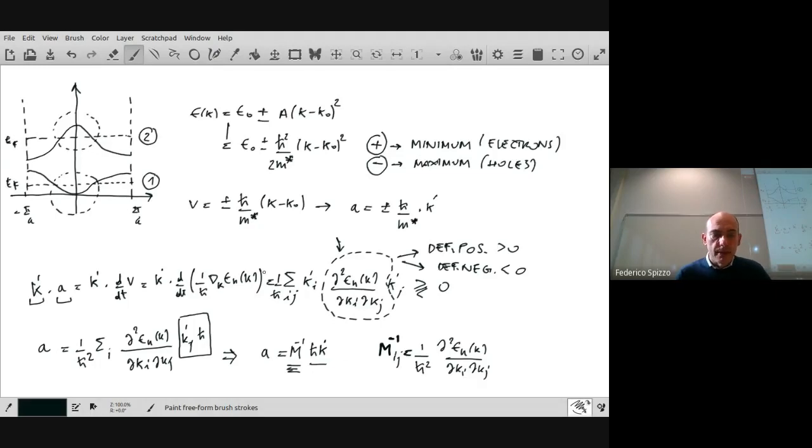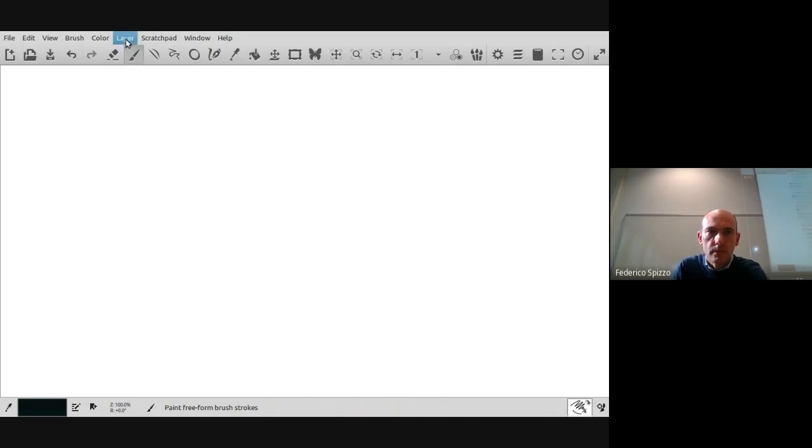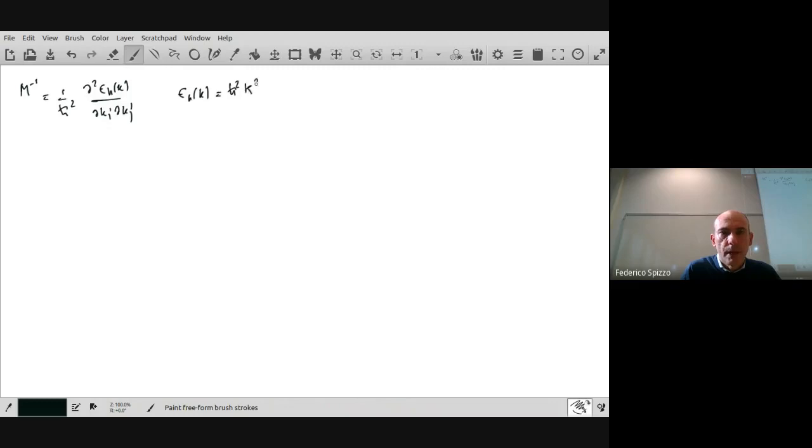And if we just want to see what happens when we consider free electrons, m to the minus 1 is equal to 1 divided by h bar squared times the second derivative, then for free electrons, E of k is equal to h bar squared k squared divided by twice the electron mass.